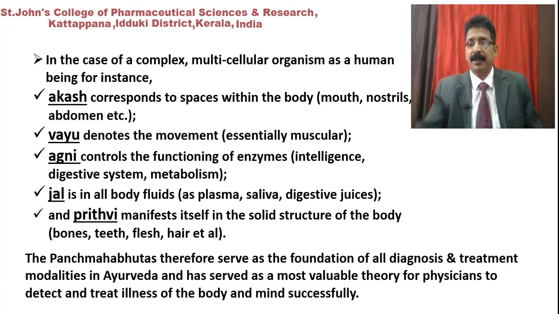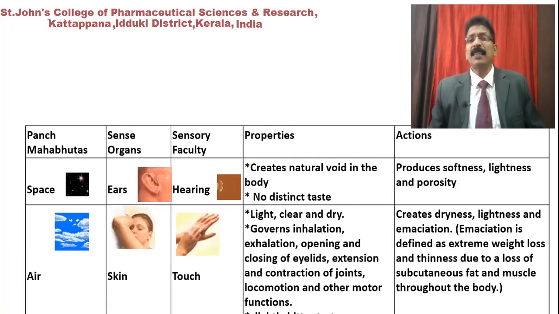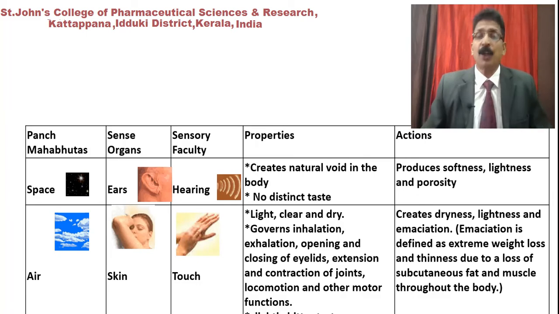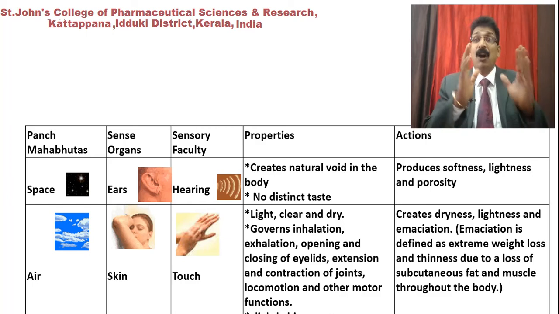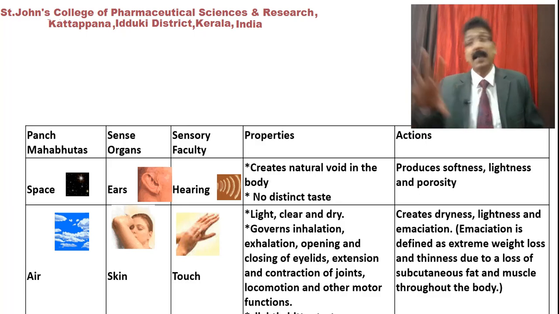So see, these are some of the charts which I have denoted, some points on how they will diagnose and give the treatment for various ailments according to the principle of Ayurveda. So you can see it is different. Panchabhutas have given all the five, and the sense organ where it is denoted, the sensory faculty where it is connected, and the properties and what is its action.